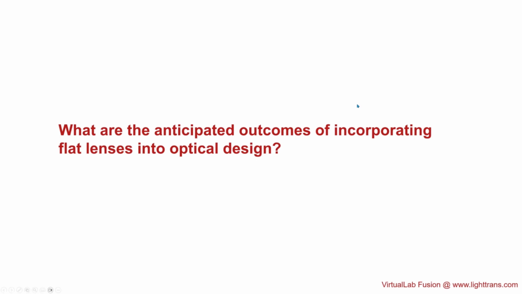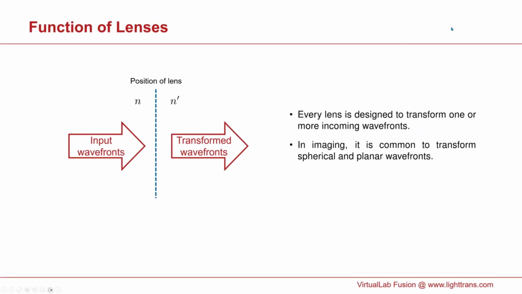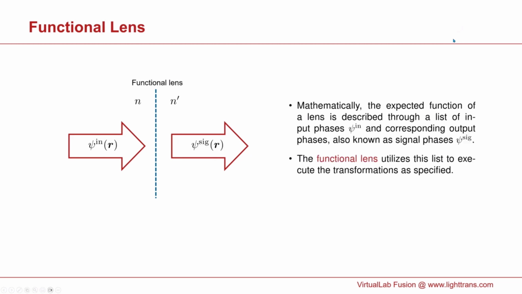of flat lenses. Every lens is designed to transform one or more incoming wavefronts. In imaging, it is common to transform spherical and planar wavefronts. Mathematically, the expected function of a lens is described through a list of input and corresponding output phases, also known as signal phases.